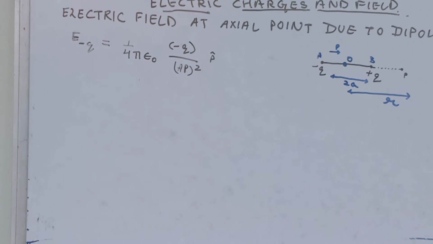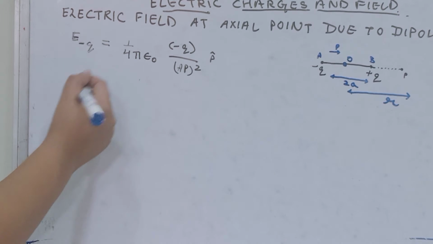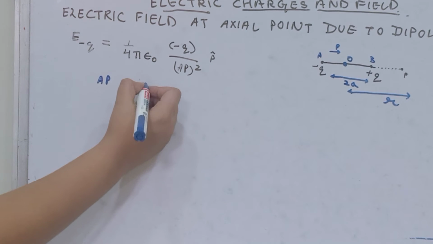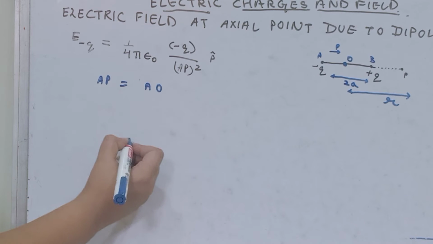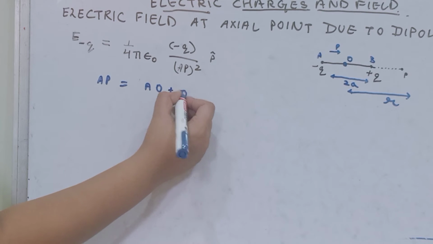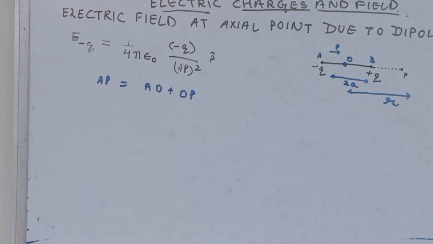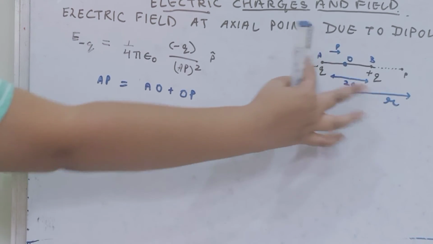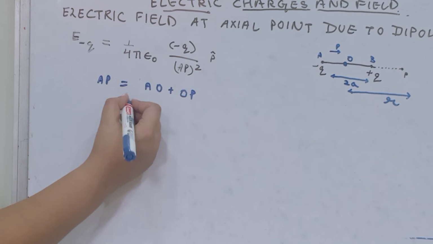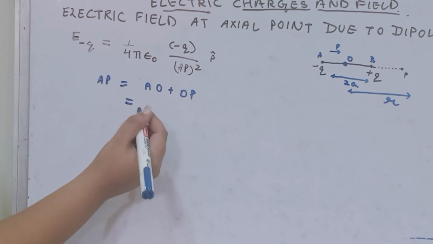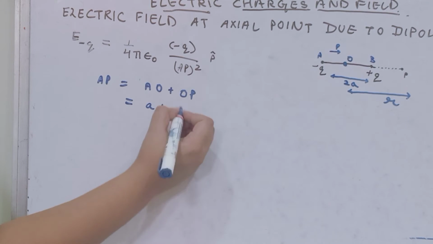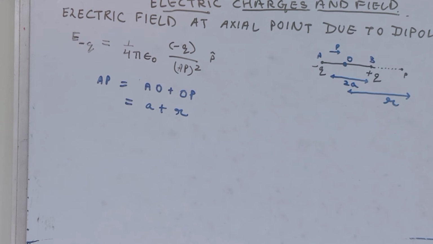Fine. Now what will be AP? AP is equal to AO plus OP. That is, AO plus OP will give us AP. What is AO? Since O is the midpoint, AO is a, and OP is r. Fine.